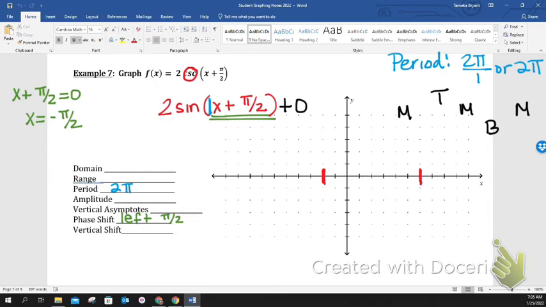So that's my midline. So where it says vertical shift, we don't have any because k is 0. So it doesn't go up or down. So I'm going to put a point at 0 at the start and at my end, and then directly in the center.